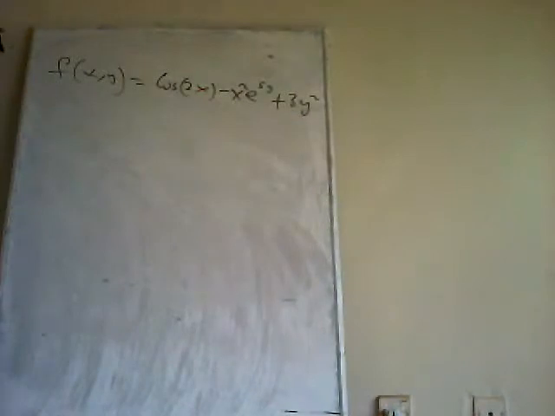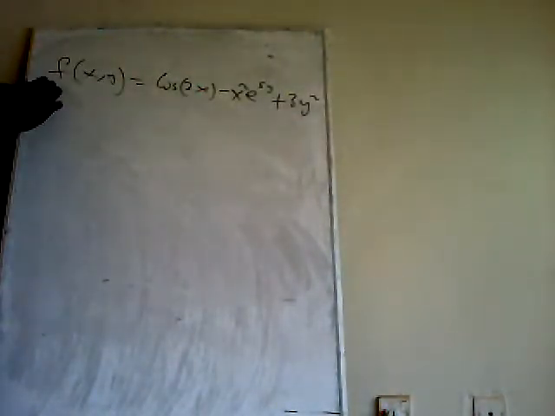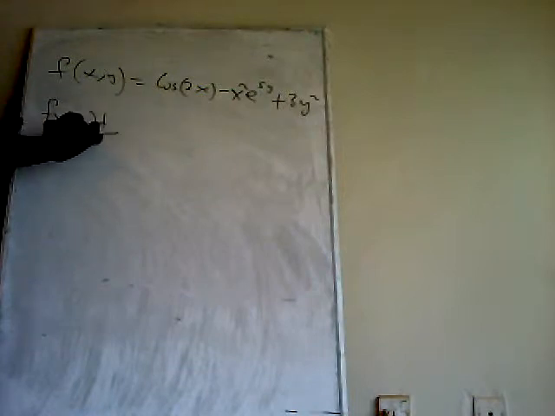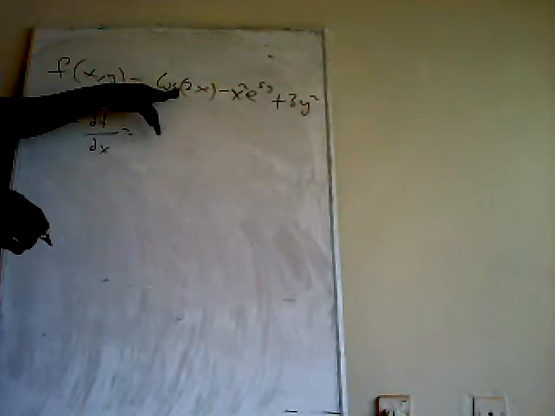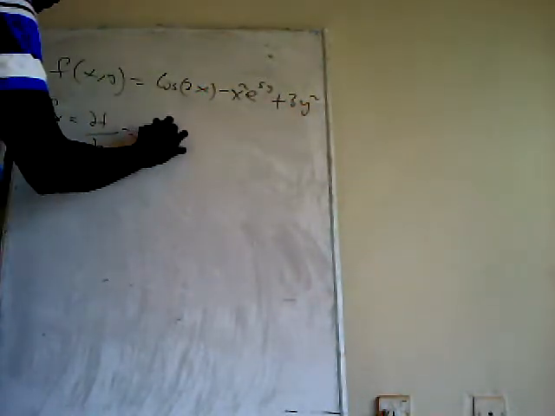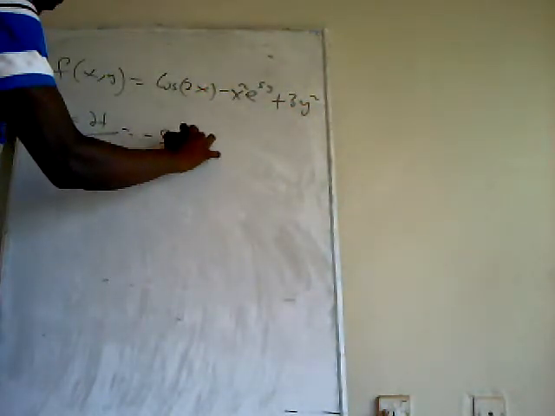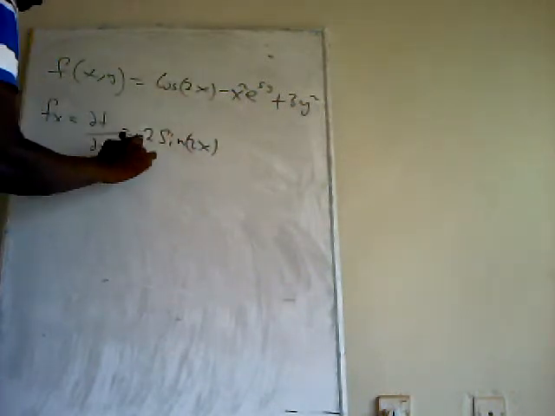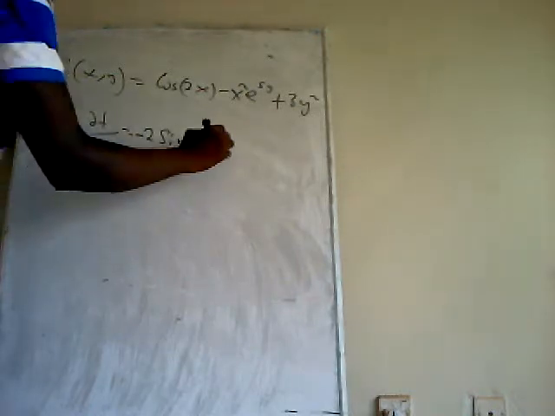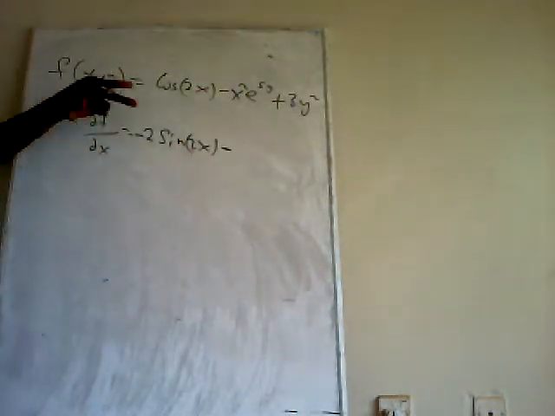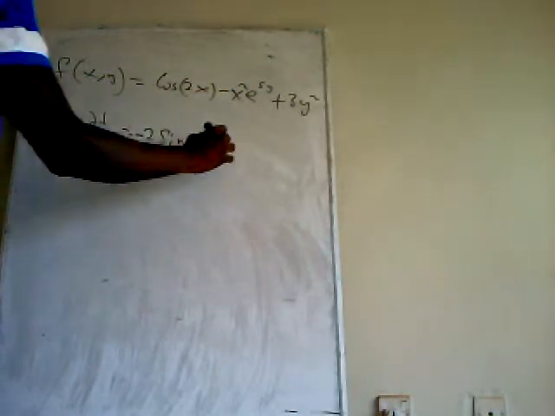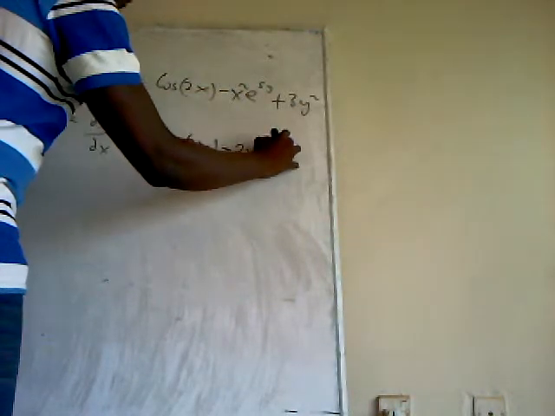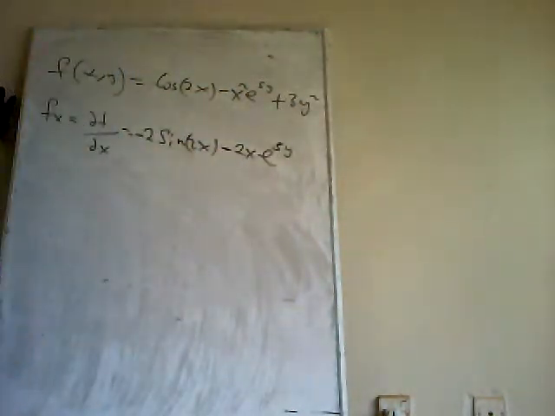Alright. We can find fx, which is equal to del f del x, right? If I differentiate cos with respect to x, I'm going to get minus sine 2x. Differentiate here with respect to x, I'm going to get 2. So it goes to minus 2, right? Okay. If I differentiate this with respect to x, I'll get 2x e to the power 5y.